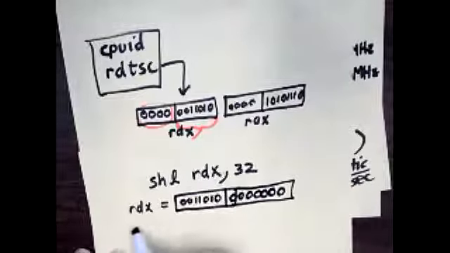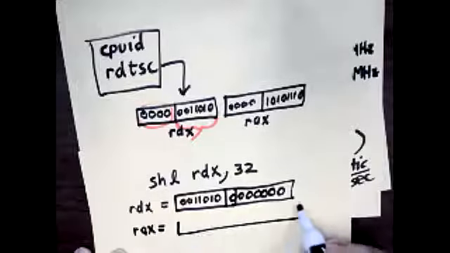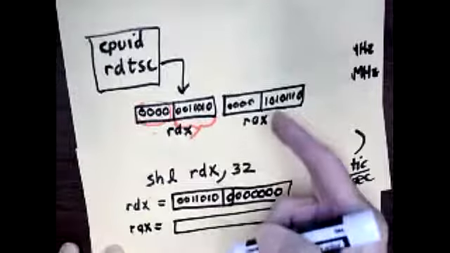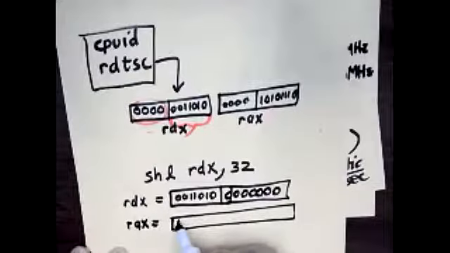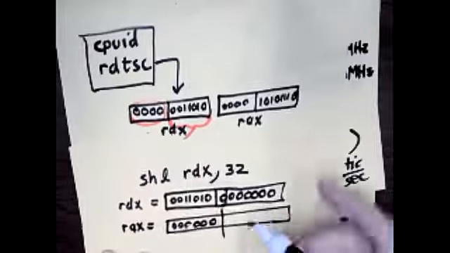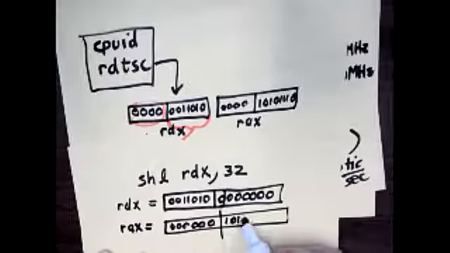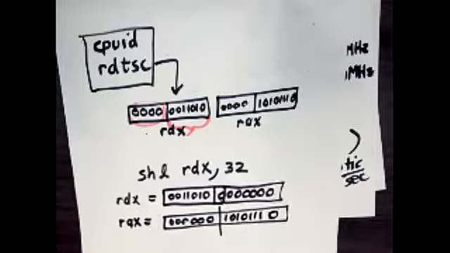And right underneath it, let's put RAX. I'm copying it from up here. It says this is all zeros. Here's the divider line, and then this one is still there: 1, 0, 1, 0, 1, 1, 1, 0. Looks like that.